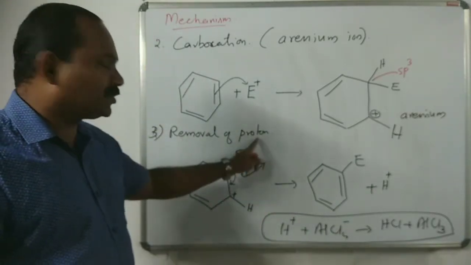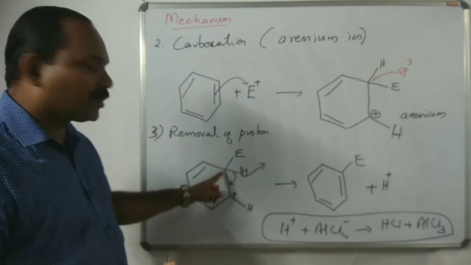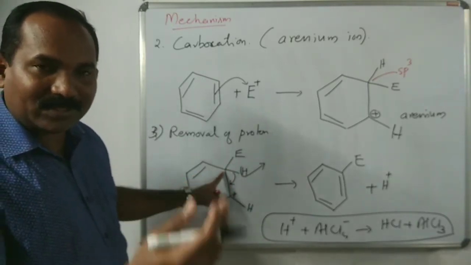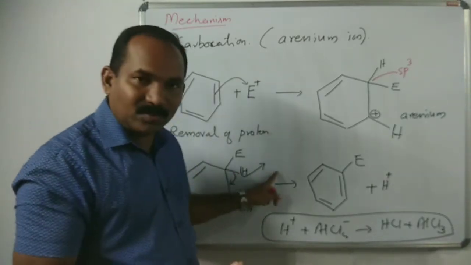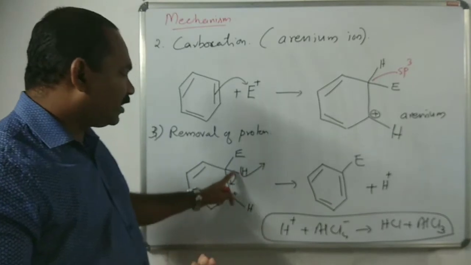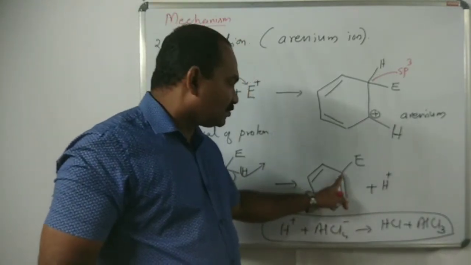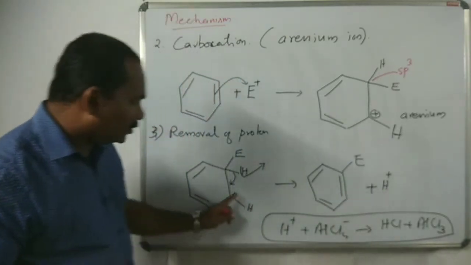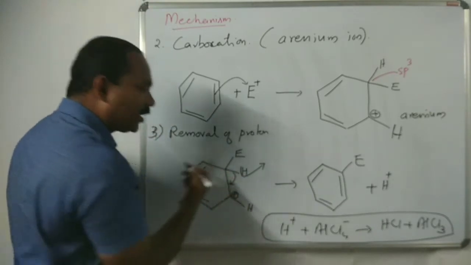The third step is removal of proton. The proton is attached to the carbon atom. Also the carbon atom contains the electrophile. That hydrogen is removed as H plus, and the pi bond or the double bond between the two carbon atoms neutralizes the positive charge because the electron pair comes.